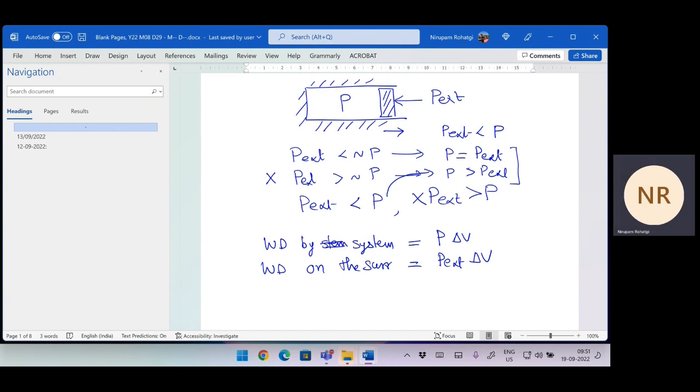But the surrounding is opposing it only with a little less force. So it will receive the work equal to P external delta V.